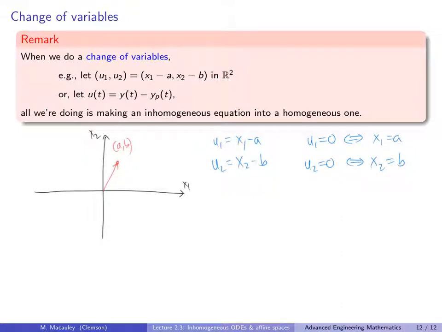Instead of x1 and x2, we're using u1 and u2. And u1 is 0 when x1 is a, so along this horizontal line. And u2 is 0 when x2 equals b, so that's along this vertical line. So this is u1 and this is u2. So we are moving our axes, so our desired point, a, b, is now the origin.